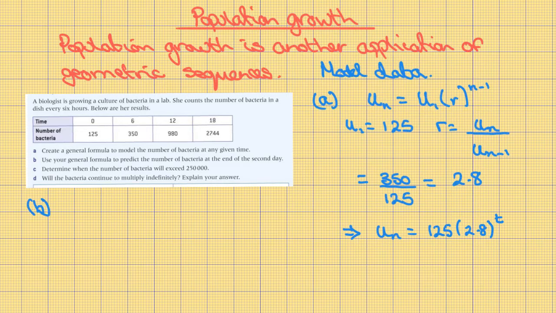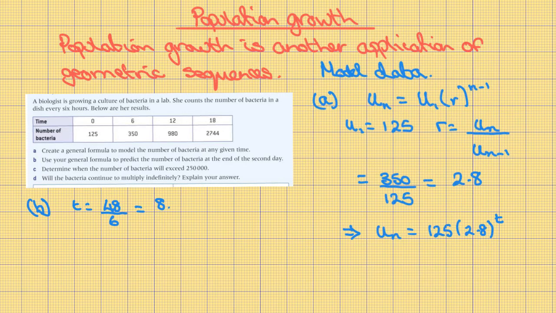B. Use the general formula to predict the number of bacteria at the end of the second day. At the end of the second day, there will have been 48 hours. So T will be equal to 48 divided by 6 because the time is taken every 6 hours. So that is equal to 8.